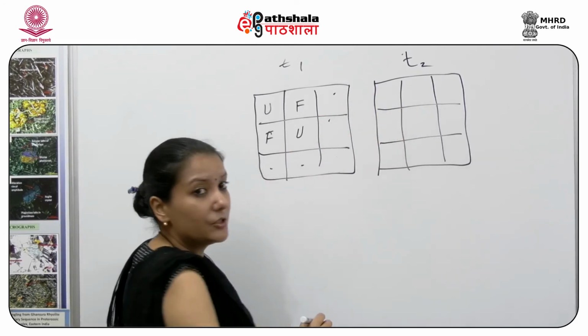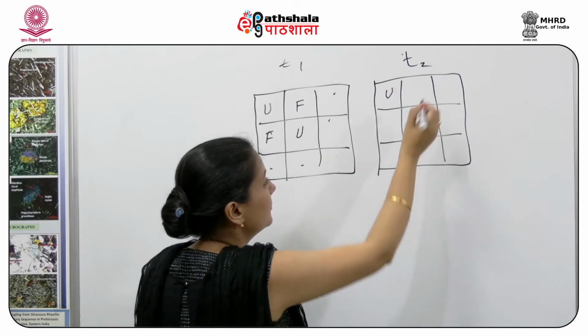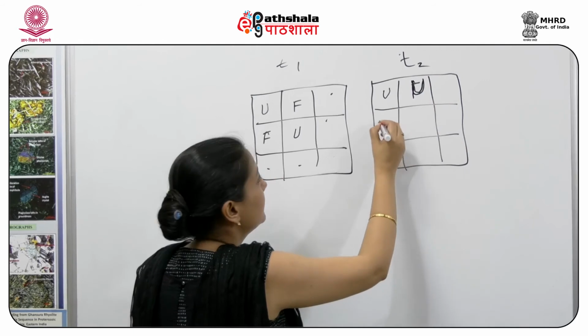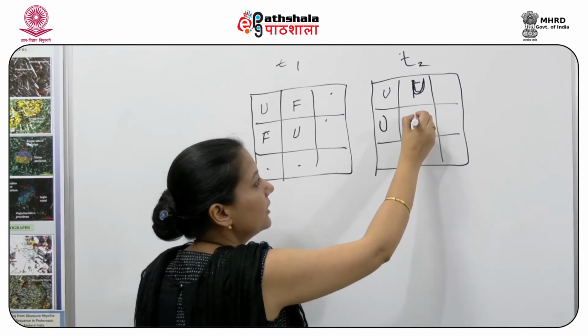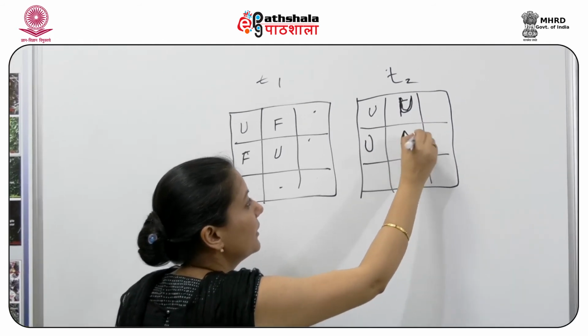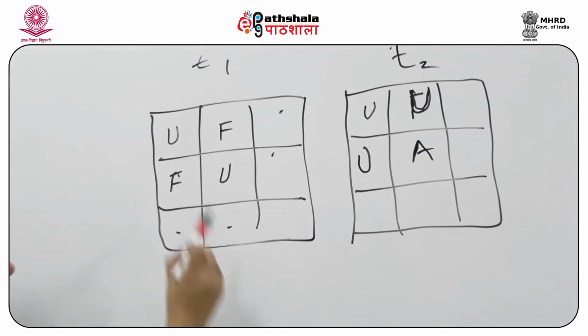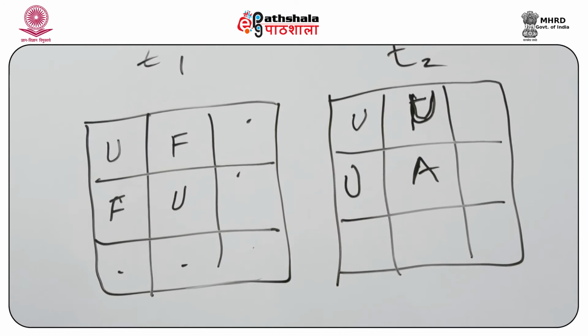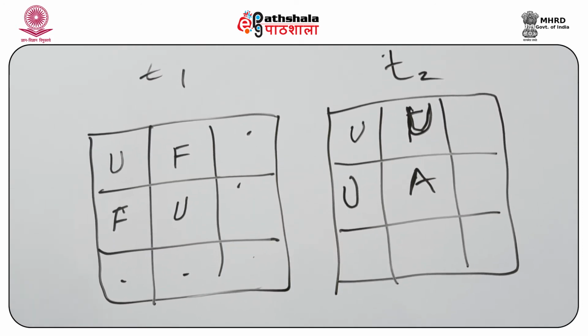Similarly in T2, now this remains urban, but this becomes urban here, and this also urban, and this was urban, so it converts to maybe agriculture. So you will see from time T1 to T2 we have a change in information class with a classification technique.